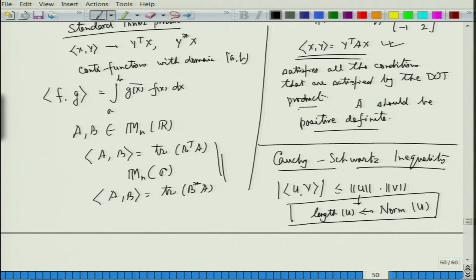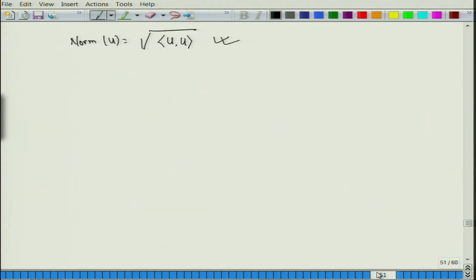And what is the definition of norm? So norm of u is basically the square root of the inner product between u and u itself. It's nothing to do with the standard inner product. You can do this for anything, and therefore this makes sense. Fine. So we had this norm and the Cauchy-Schwarz inequality.